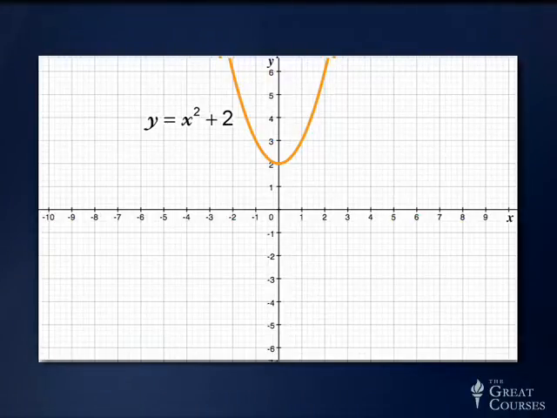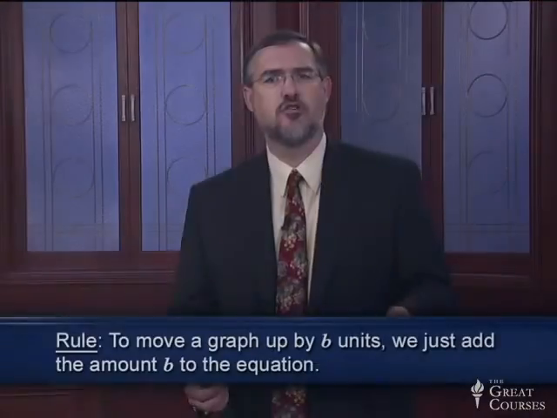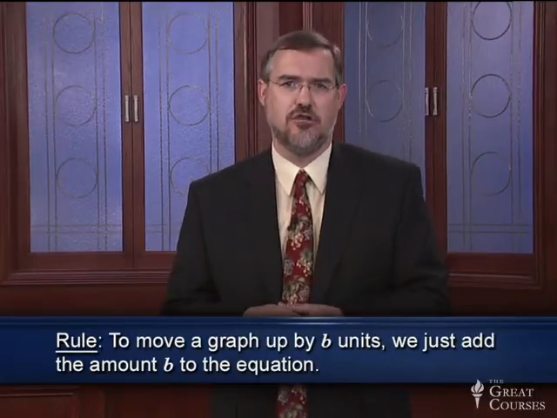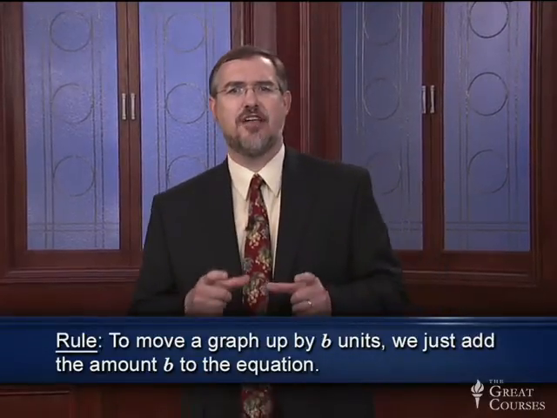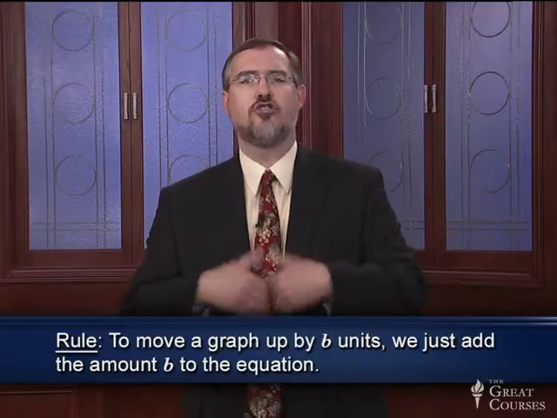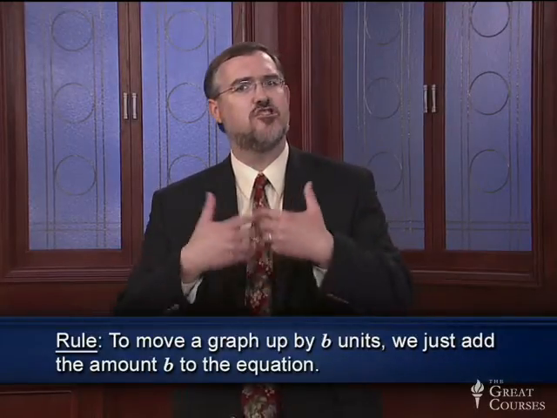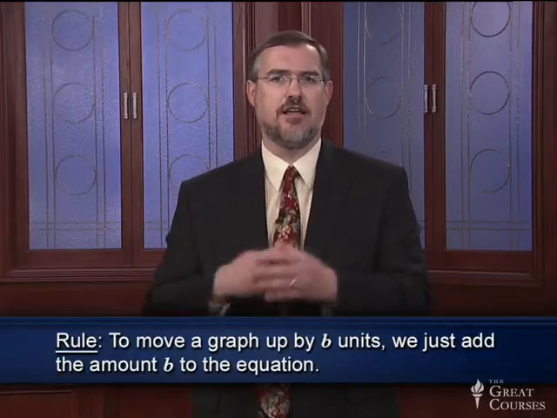Notice that the x term was not affected this time. I left the x squared part alone. I actually added 2 to the whole right-hand side, if you want to think of it that way. So if I want to move a graph up by b units, let's say, we just have to add the amount b to the whole right side of the equation. We don't mess with the x so much. We just add that value of b to the right-hand side.